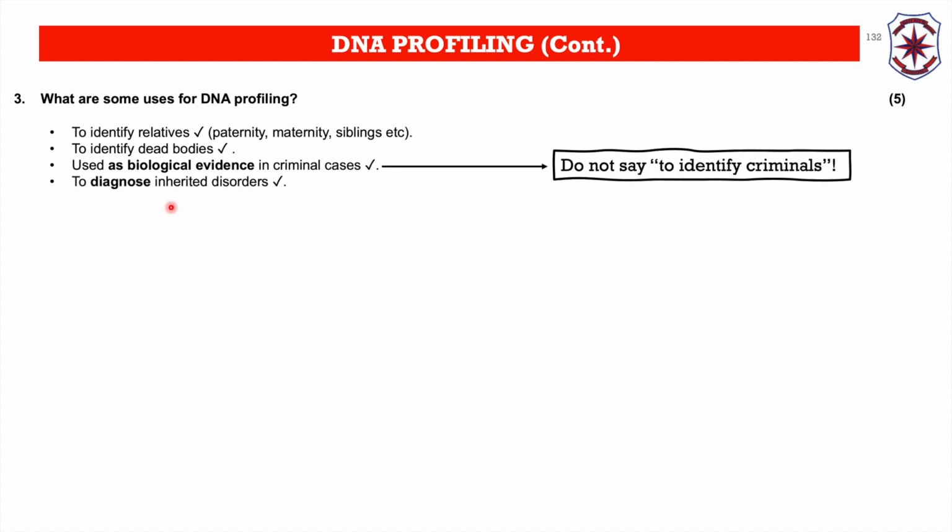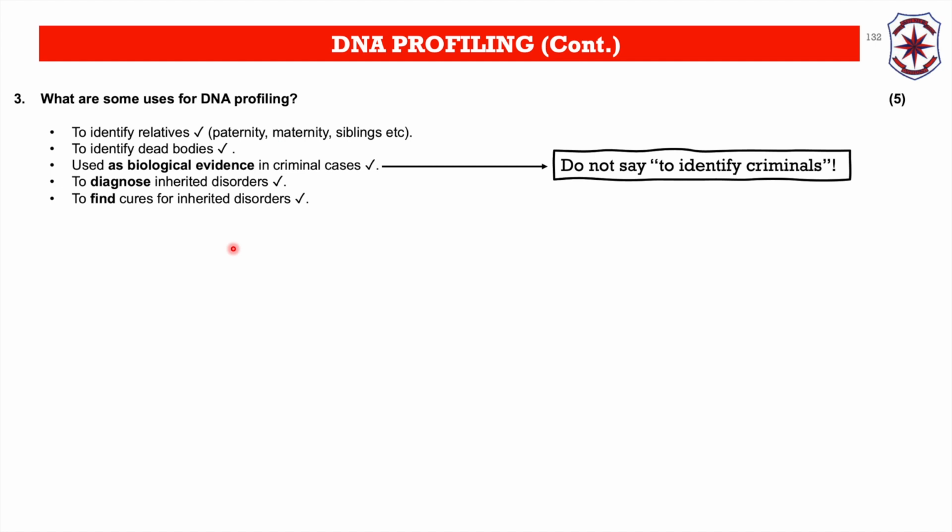And then DNA profiling is used to diagnose inherited disorders. When you talk about inherited disorders, we are talking about disorders that one might inherit from their mother and their father. So, doctors may use DNA profiling to diagnose these genetic disorders, to say this person has this inherited disorder or the other inherited disorder.